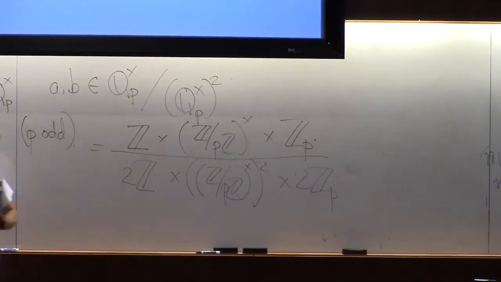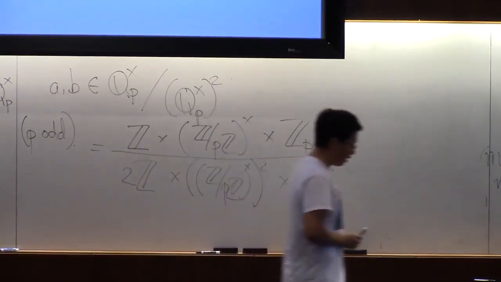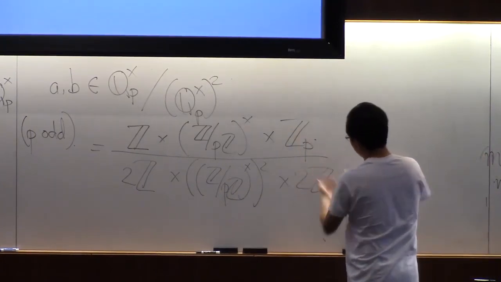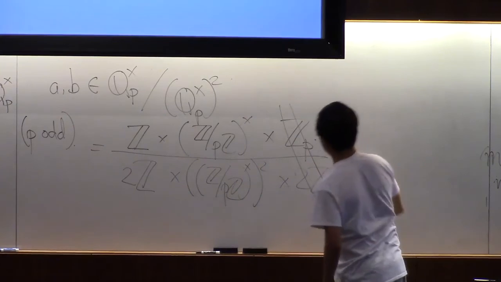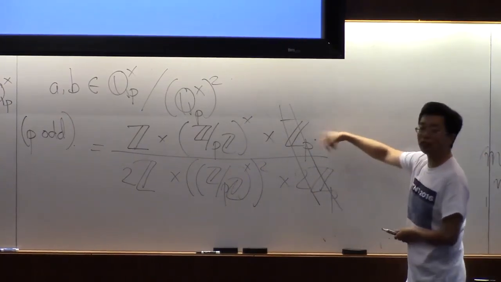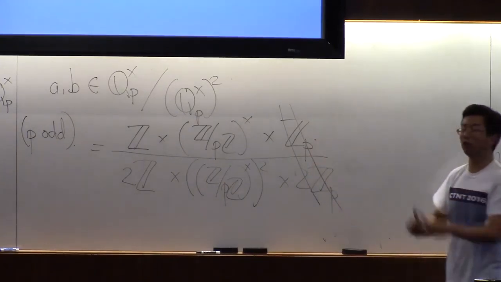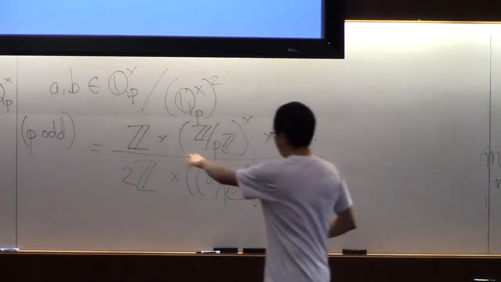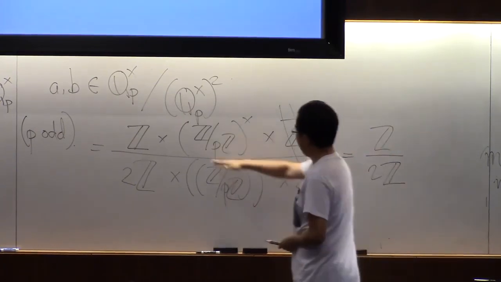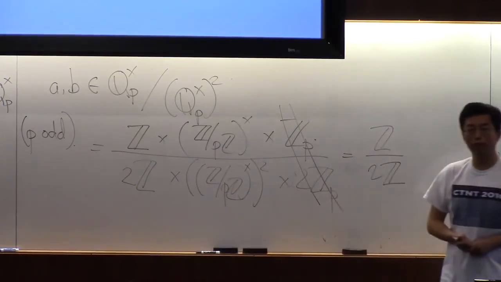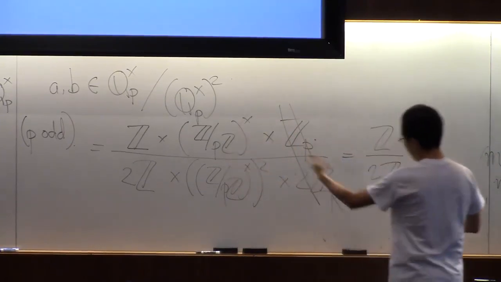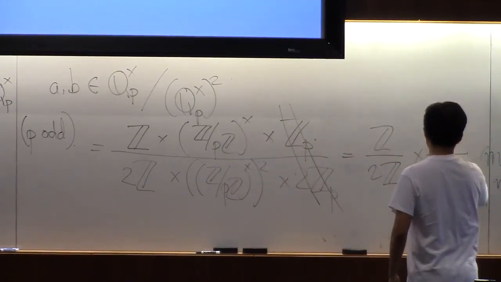Because I assume that p is odd, 2 is invertible in Zp, so these two will be the same, so they cancel off. When p equals 2, the last term doesn't quite cancel off, so you have an extra term. Then the first one will give you a Z mod 2Z. And the finite part is a cyclic group of order p minus 1, which is even order. And they divide by the squares in that, so there's another Z mod 2Z.